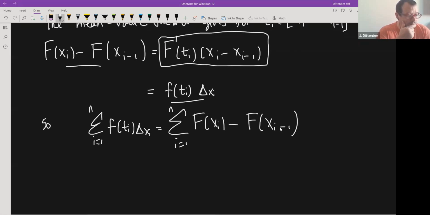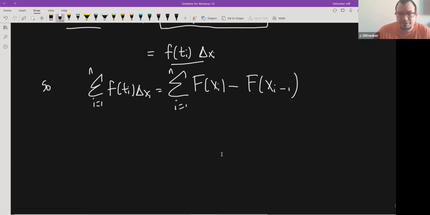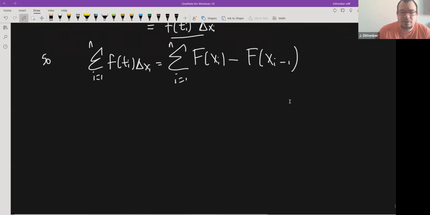Okay, and now we're narrowing it down, because what exactly does this thing equal? If I were to write this all out, all of the terms would have their opposites present and would be added to their opposites, except for the first one and the last one, because they're off by one. This one is one less than the other one. So what does that mean?